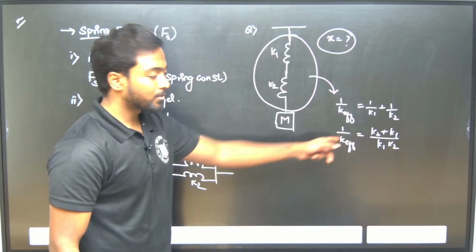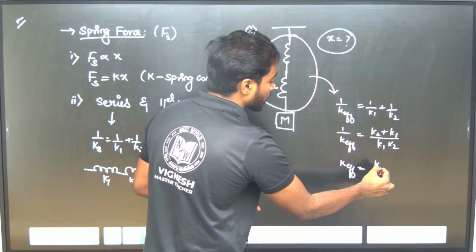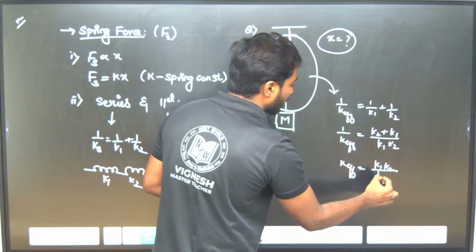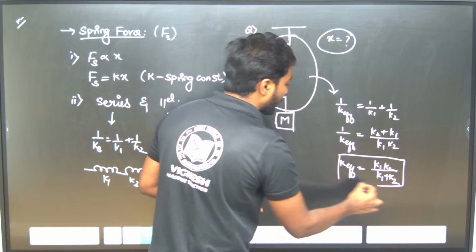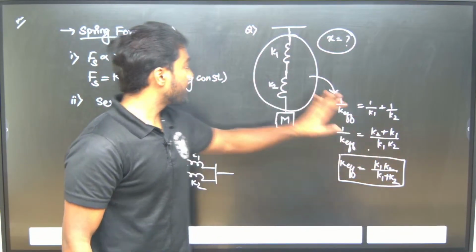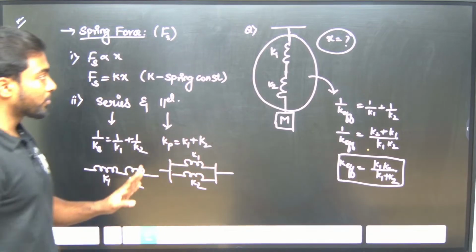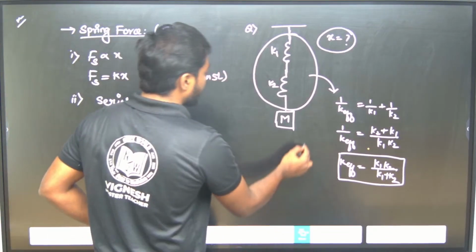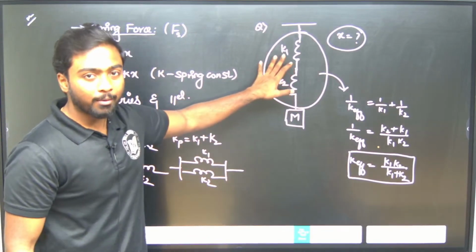If I reverse this, I get K effective equals K1 K2 by (K1 plus K2). This is my K effective value. I need to use this K effective in place of K. Now, let me talk about the free body diagram of this condition.